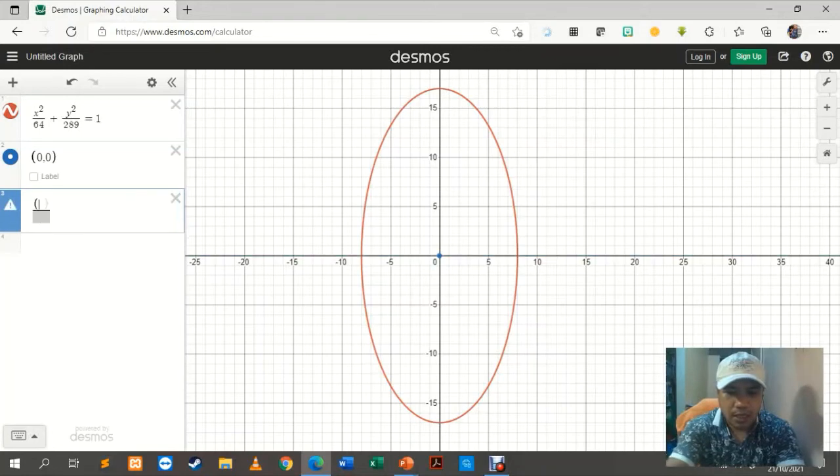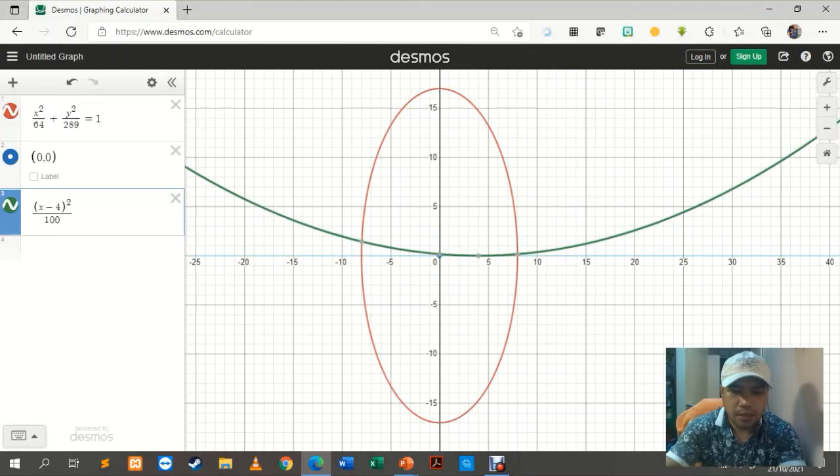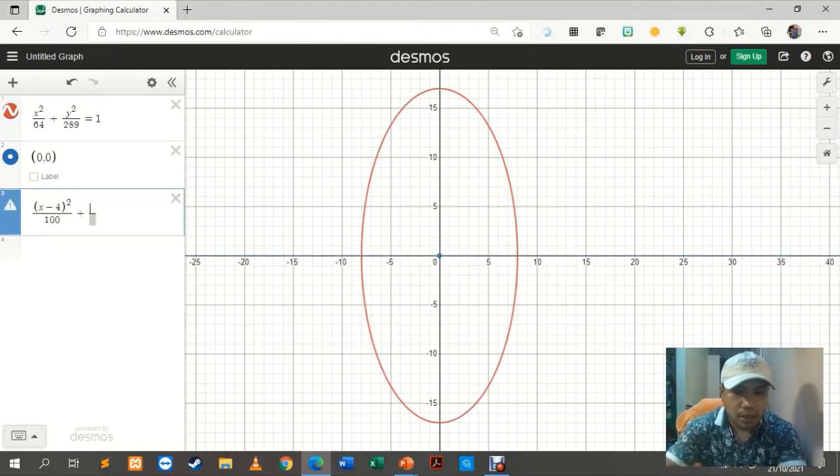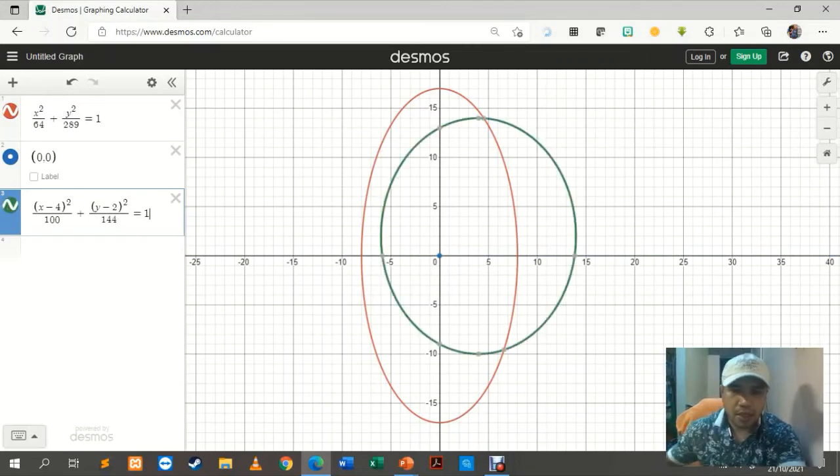So, that is x minus 4 raised to 2 over 100, then plus y minus 2 quantity squared over 144 is equals to 1. Yan. Ito yung pinaka natin.